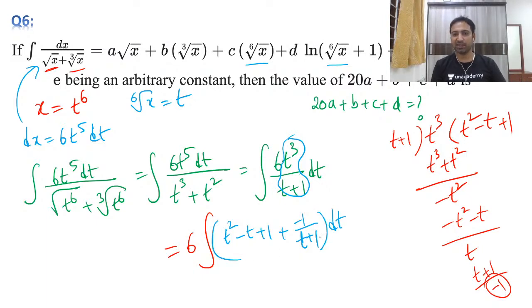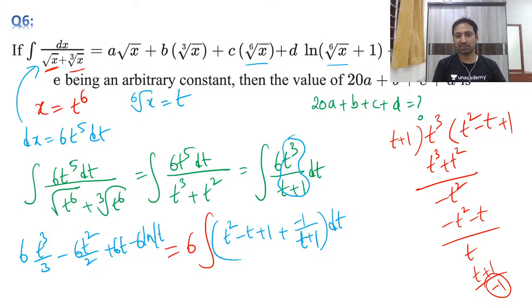So I can write it this way. Now integration of t square is t cube by 3, minus 6 times t square by 2, plus 6t, minus 6 log of t plus 1. So still we can simplify this. If I simplify this, what do I get, guys?